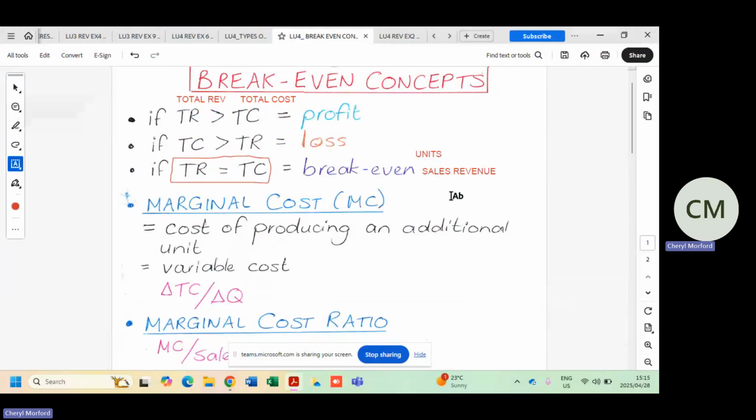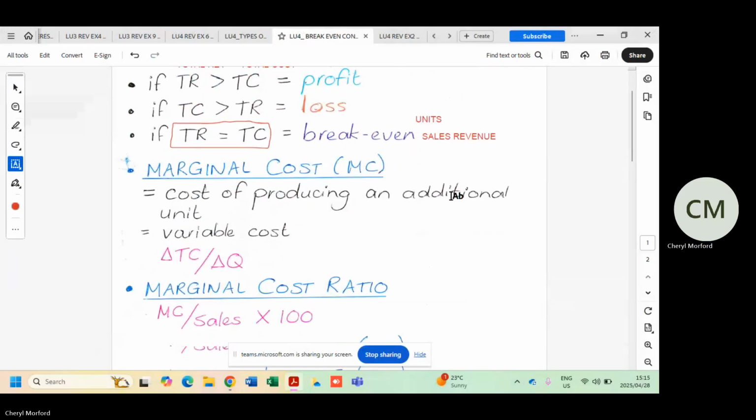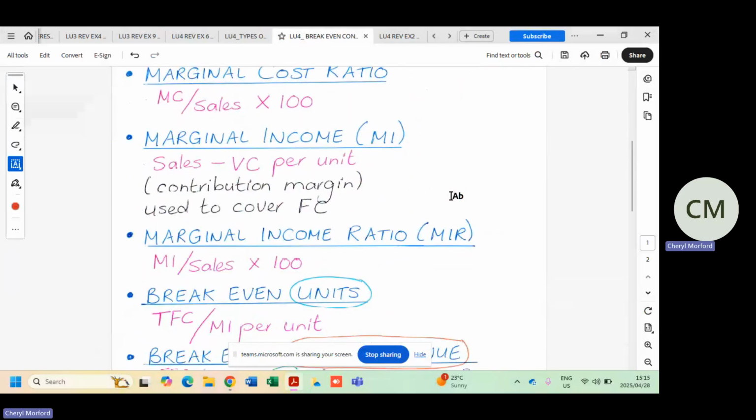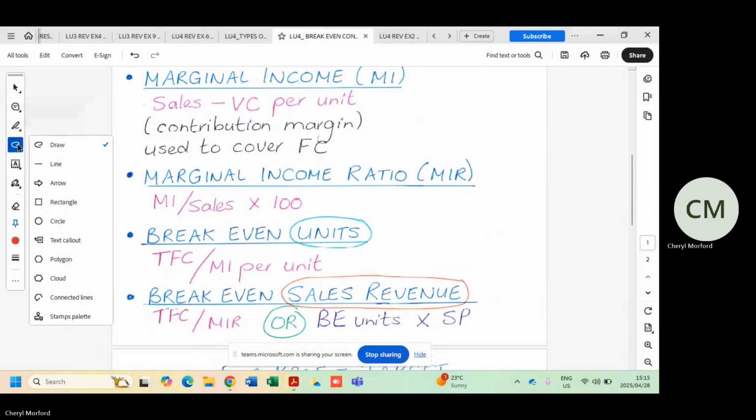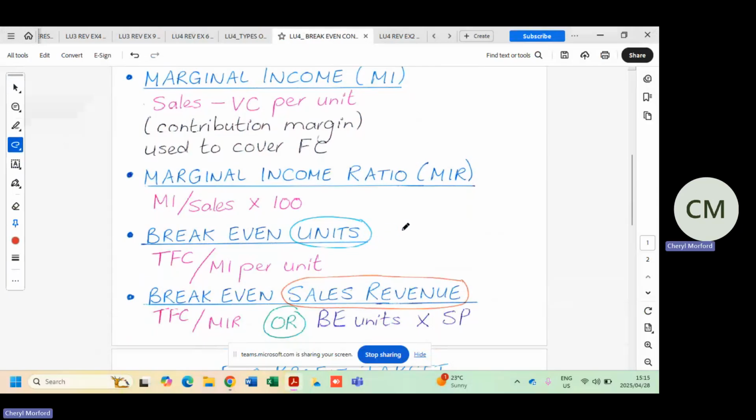We have a formula to calculate each. I will just go down to the bottom here. Have a look at this one. This one is important. Our break-even units, what do we need to do? We take our total fixed cost, TFC, and we divide that by marginal income per unit.